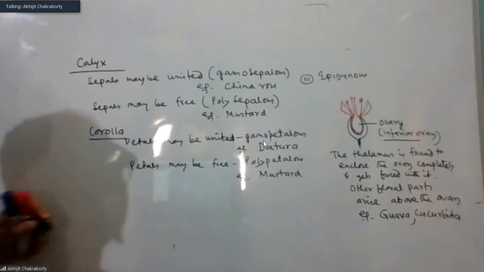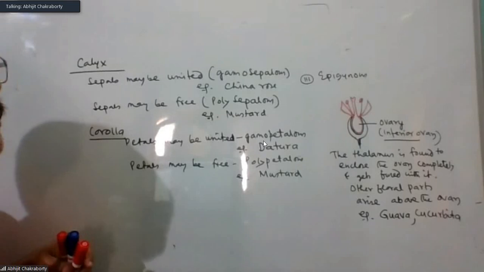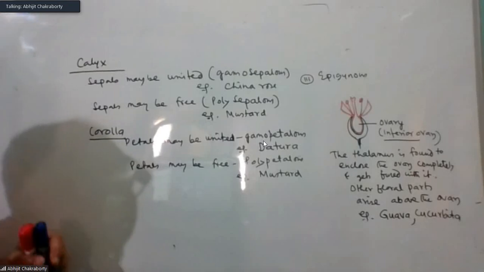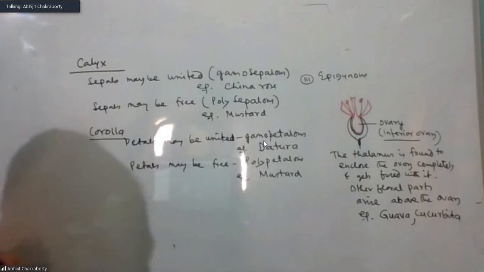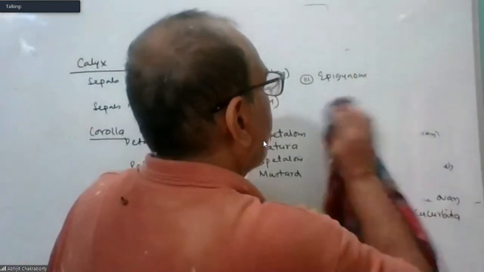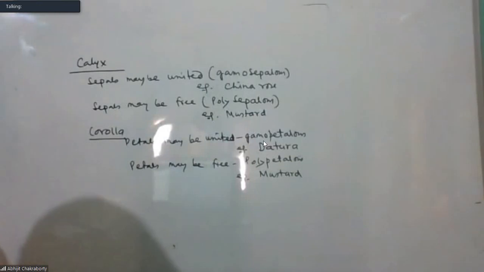So these are the arrangements of petals. They may be united, they may be free. Now we are going to the mode of arrangement of sepals or petals in respect to the other members of the same whorl. The next most important one is estivation. What is estivation?